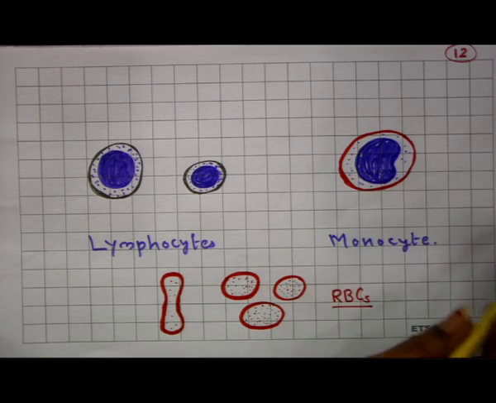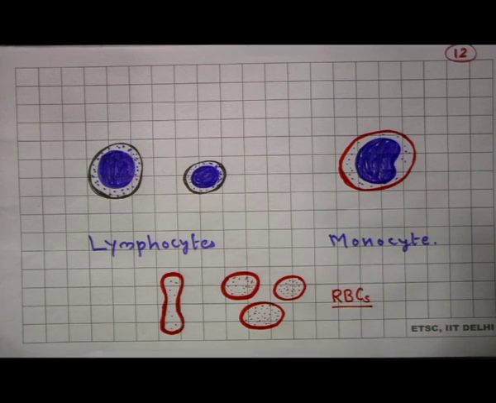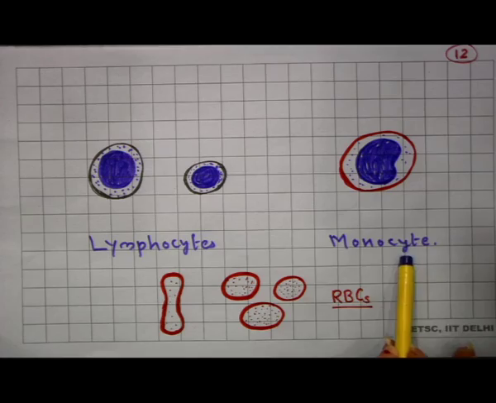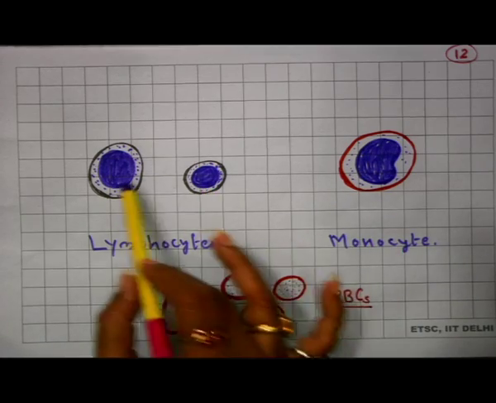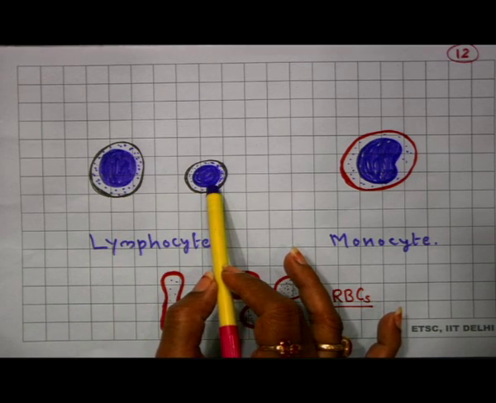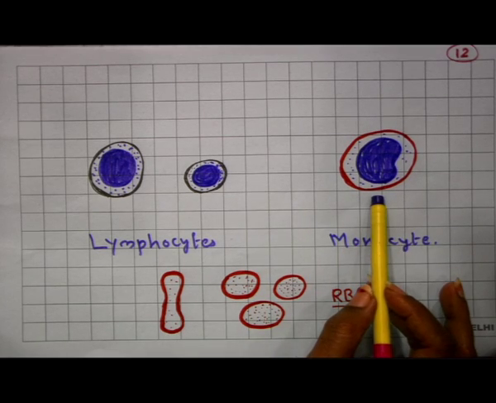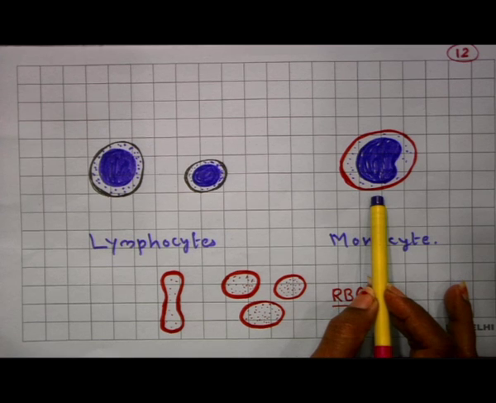The cytoplasm is without any granules, and the different types of these agranulocytes are lymphocyte and monocyte. Lymphocytes again come in two different types, large lymphocyte and small lymphocyte. Monocytes are the largest sized cells present in the bloodstream.